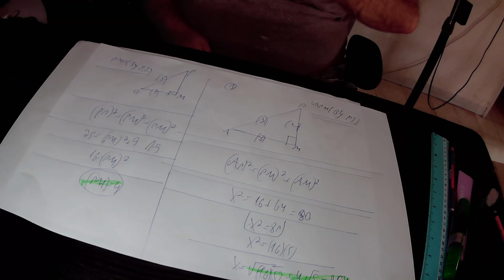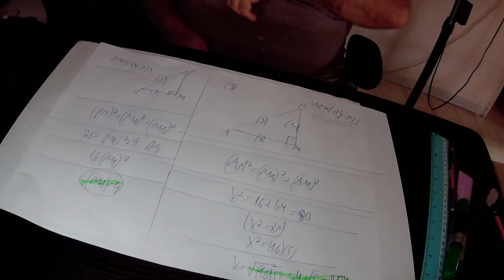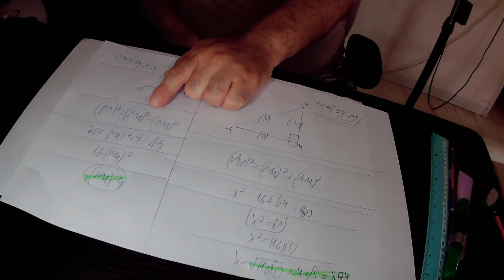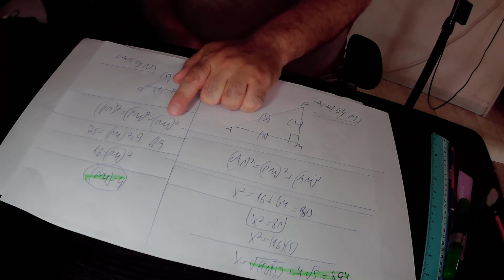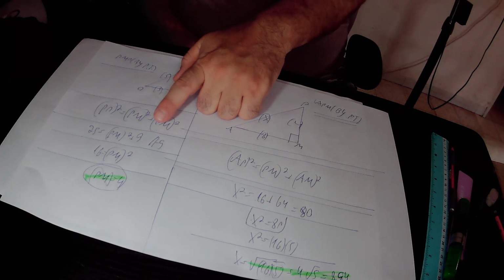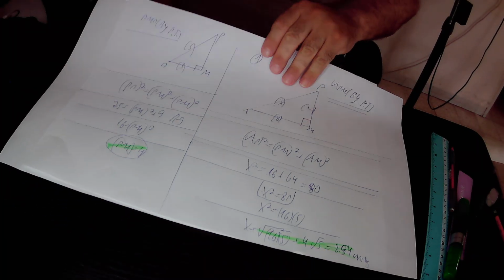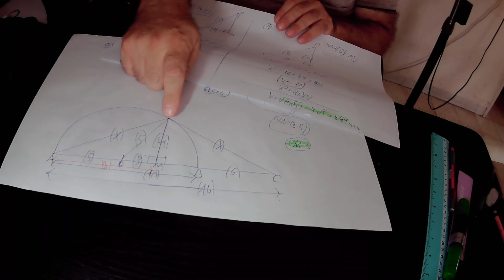PM is the missing side, so we leave it as it is. Plus OM squared. OM is 3, therefore OM squared is 9. So 25 equals PM squared plus 9. We subtract 9, and we find that PM squared equals 25 minus 9, which is 16. Taking the square root, PM equals the square root of 16, that is 4. So the missing side PM equals 4 units in its length.